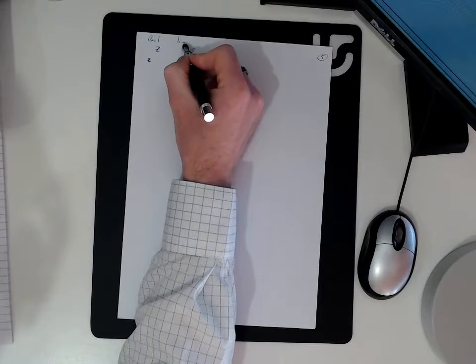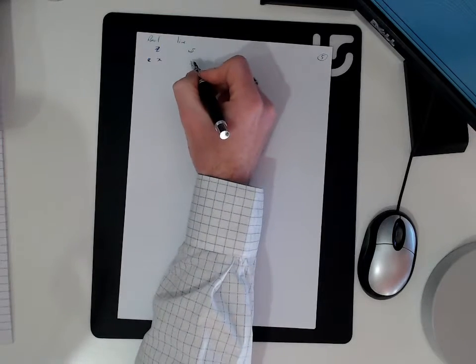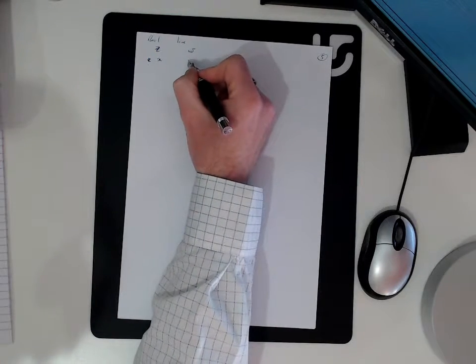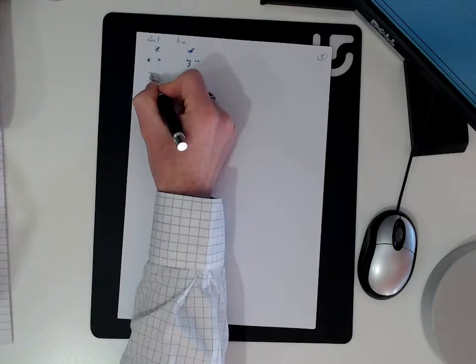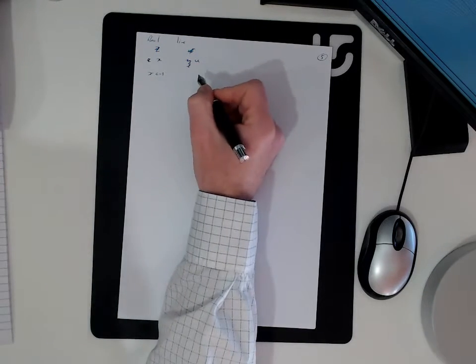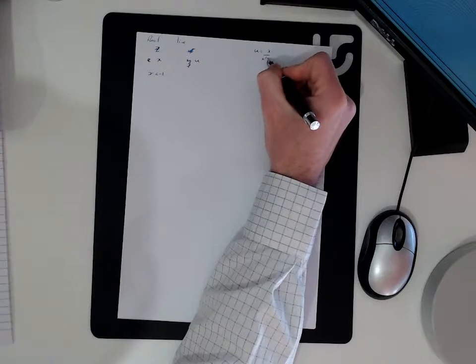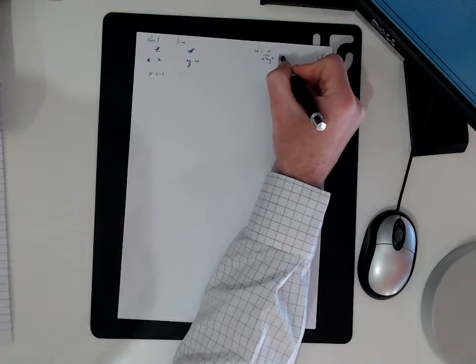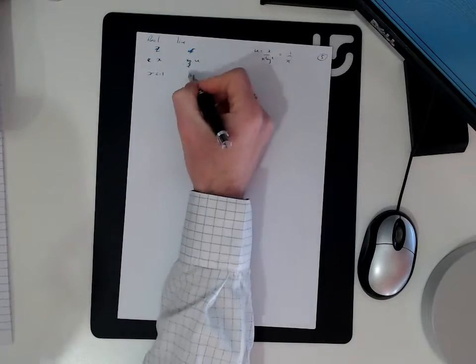Real line. So we have x over here because y will always be 0, and because y is always 0, we know v will always be 0, so we just have u over here. So when x is less than 1, then u equals x over x squared plus y squared, which for y equals 0 will be 1 over x.